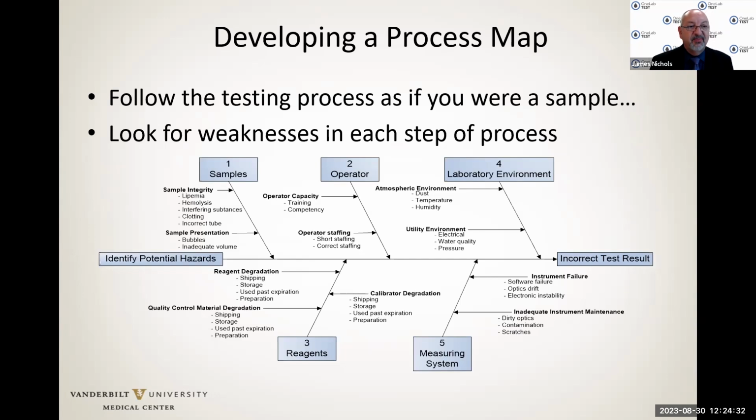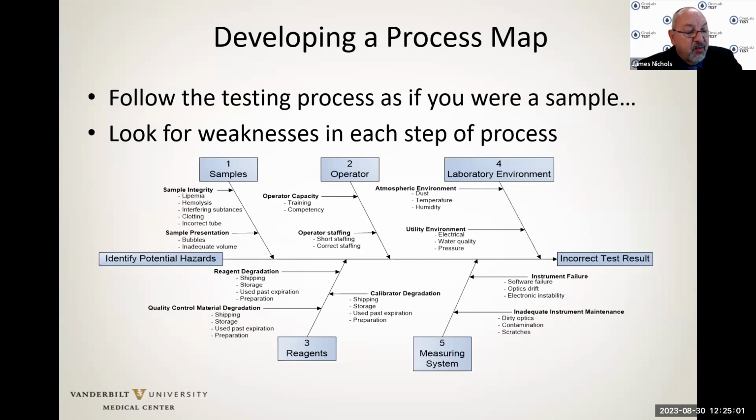During the pandemic, these brought up issues that may not have happened when you were better staffed. Reagents, we have to think about shipping, I already mentioned, but storage, expiration dates, and errors in preparation. The laboratory environment itself, is it indoors or is it being conducted outdoors somewhere? On the street, for instance, by an ambulance driver.